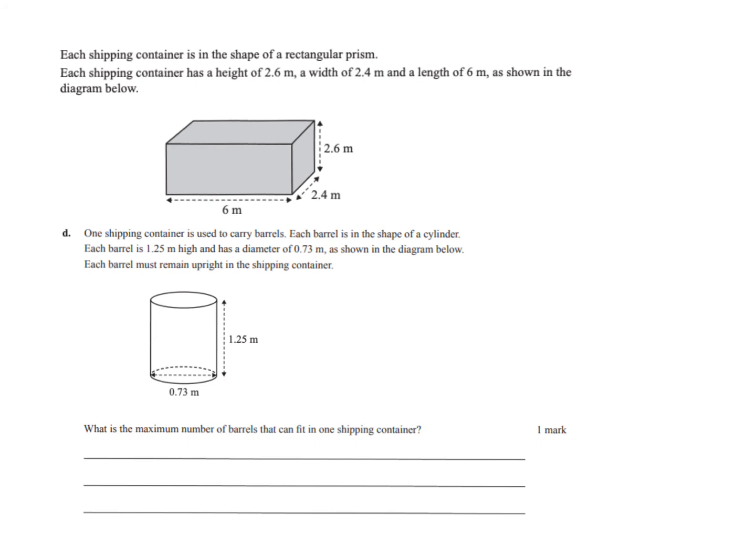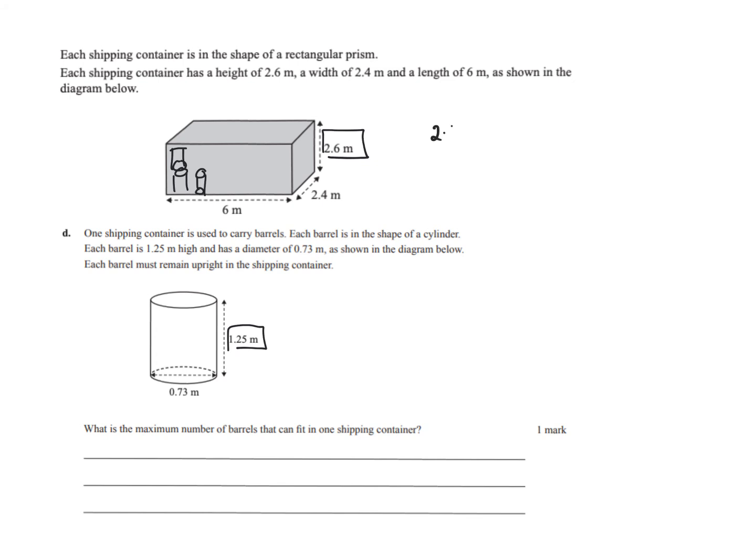So you've got to think they're going to be stored upright like that, and if possible they can probably be stacked on top of each other, but we have to see if that's possible. So they're saying they're 1.25 high and this shipping container is 2.6.